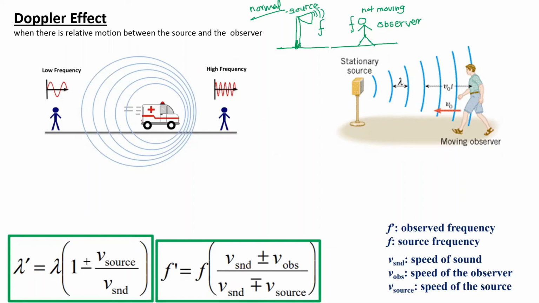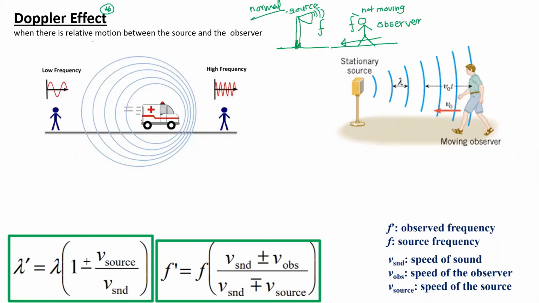You will no longer hear this F. Let's say you are trying to move closer to the loudspeaker. So then the frequency that you are going to hear will be different. And that is called the Doppler effect.